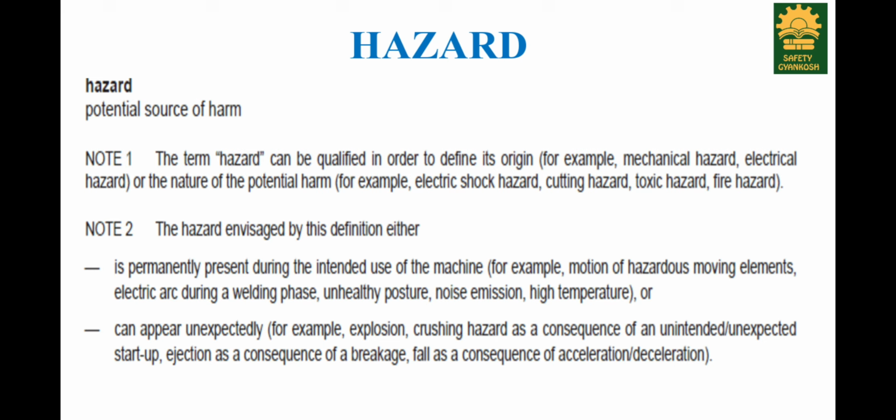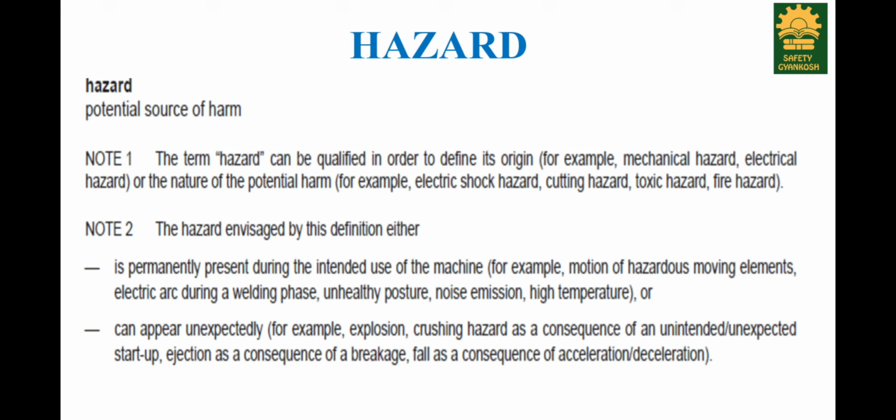For example, there is a rotatory machinery, so there is always a hazard of moving elements, there is a hazard of entanglement. If the machine is running, it is creating noise, and noise is a hazard. But it is always present. But hazard can also appear unexpectedly.